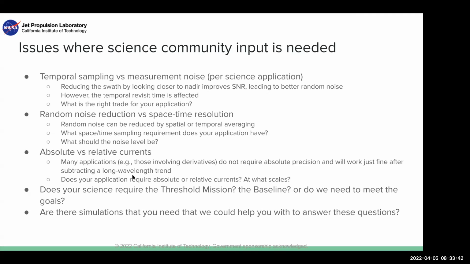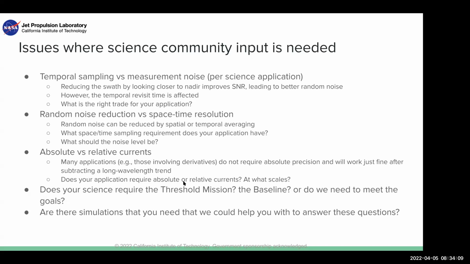If you're looking at contrast, if you're looking at a thing where you're driven by a relationship between the contrast in the wind and contrast in the currents, like the coupling that Lionel talked about during our last meeting, you care much more about relative winds than about absolute winds.